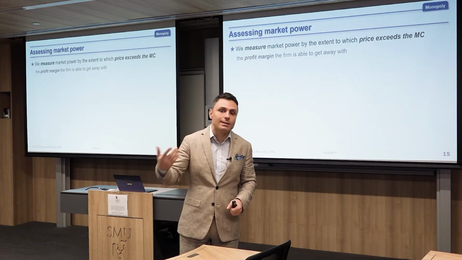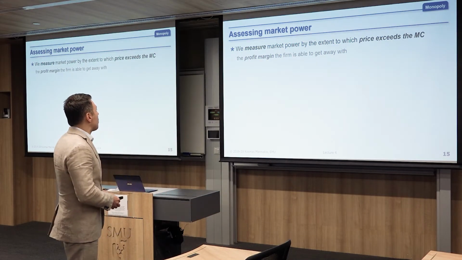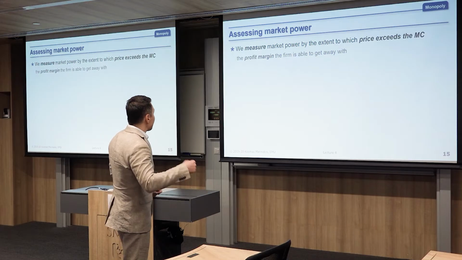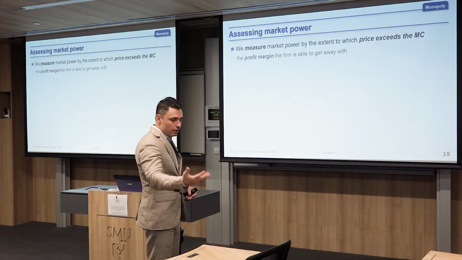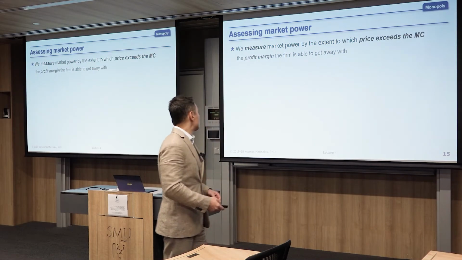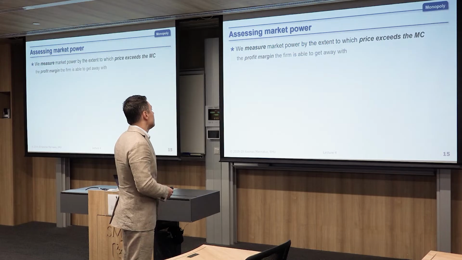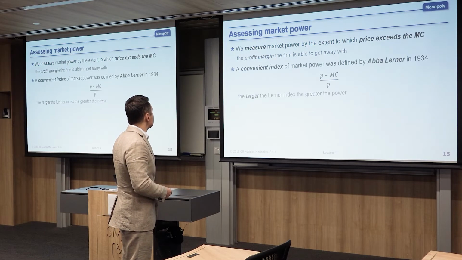Your price is always above your MC, so you do have market power. So market power is defined by how much higher your price is above your MC. The profit margin the firm is able to get away with shows the market power of this firm.